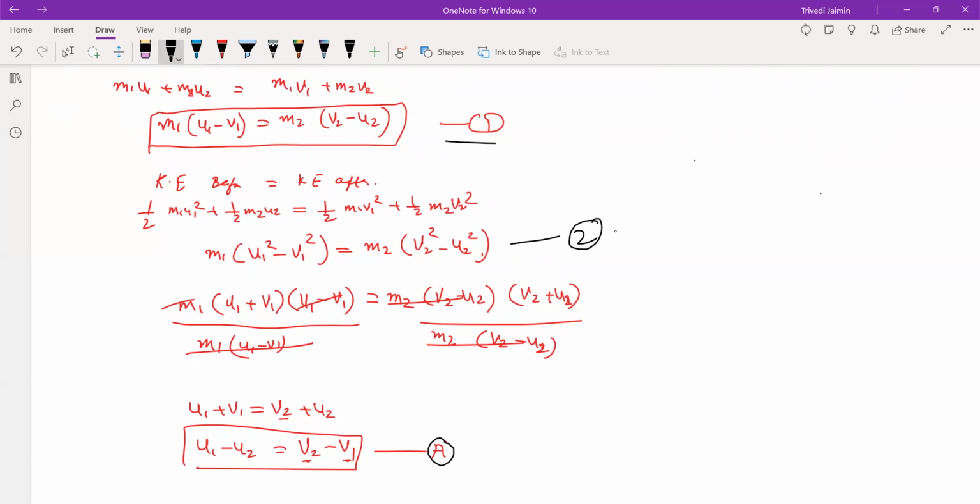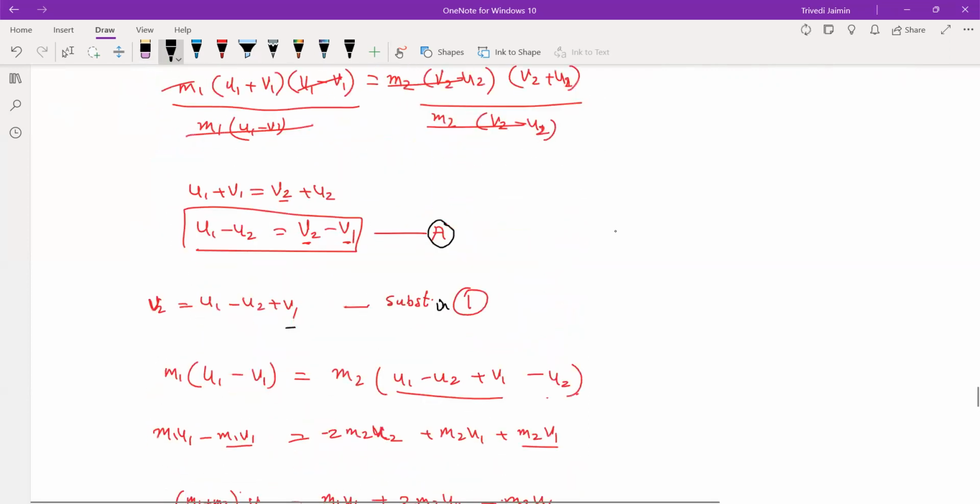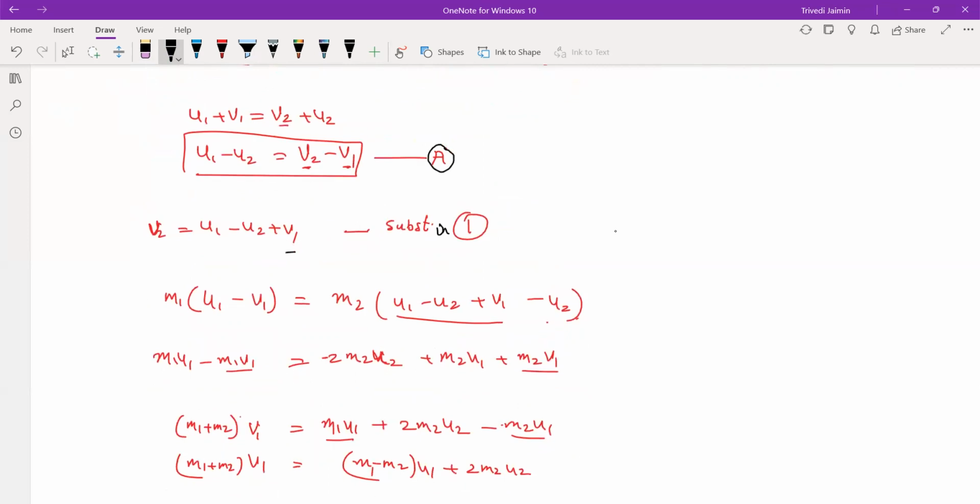I'm getting m1 u1 minus... equals to... So if you substitute in equation number 1, I'm doing this calculation part.